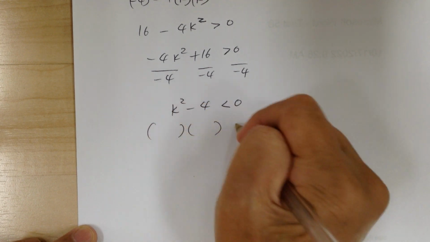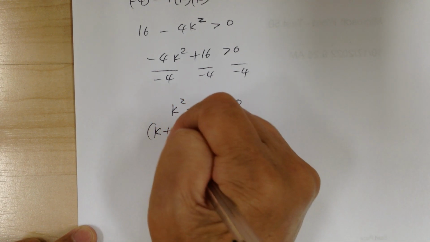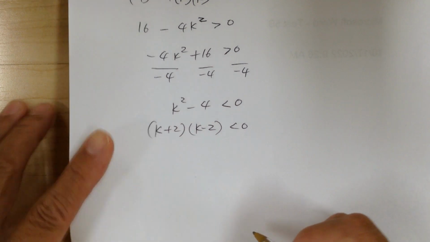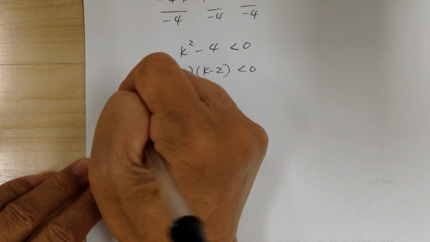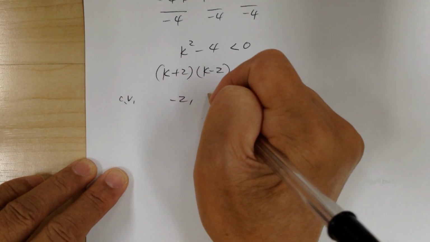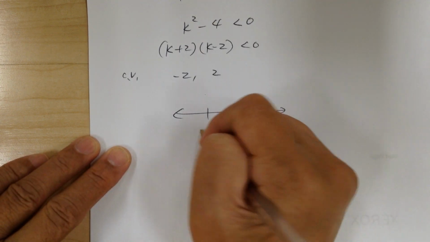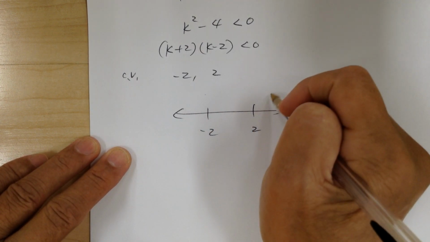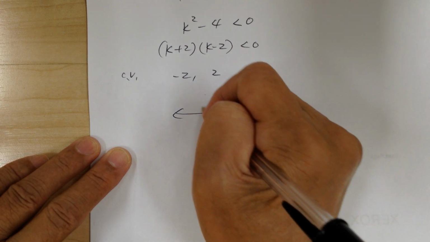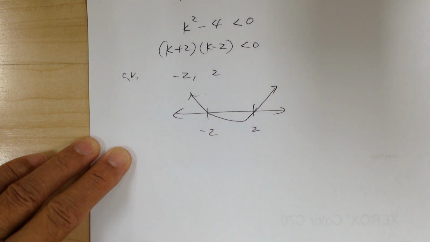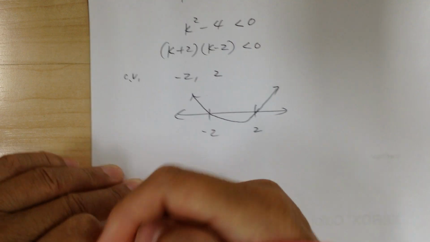So you do the factoring. So you got k plus 2, k minus 2. So your critical values would be negative 2, positive 2. And your graph is going to look something like this. Now again you have to switch to y.